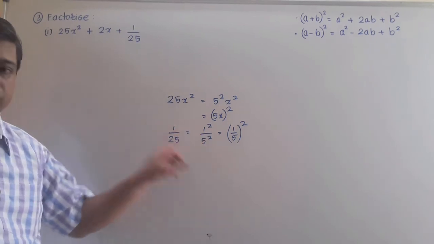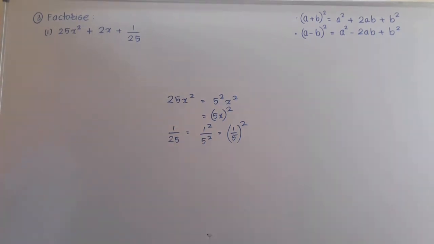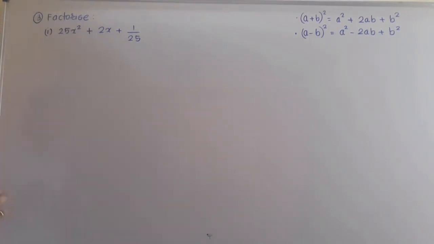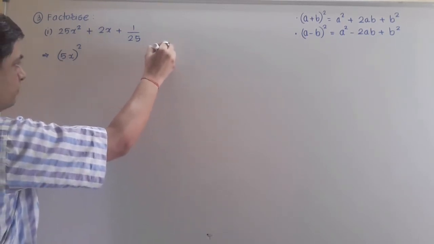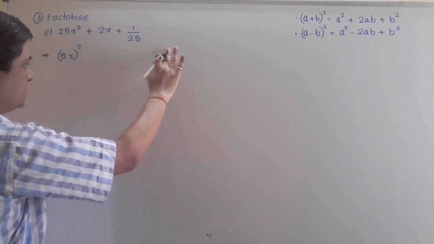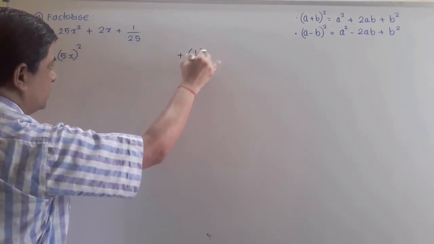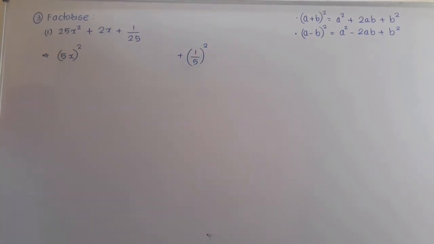Okay, so now see how we can write these two terms. The middle term I am leaving for some time. Now 25x square I am writing as 5x whole power 2, and 1 upon 25 I am writing, as I told you earlier, as 1 upon 5 whole power 2. Now this 5x I will suppose as a, but the power is coming as it is.